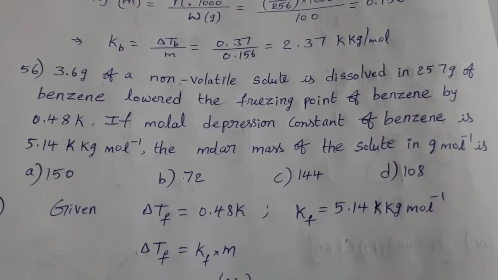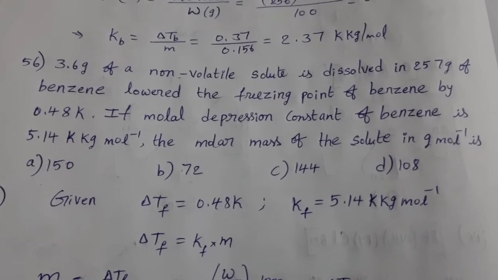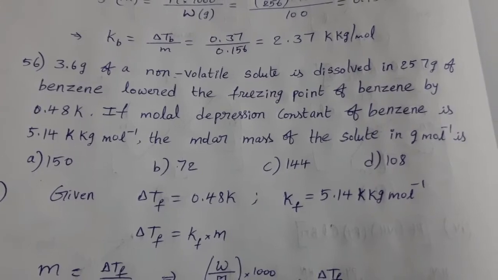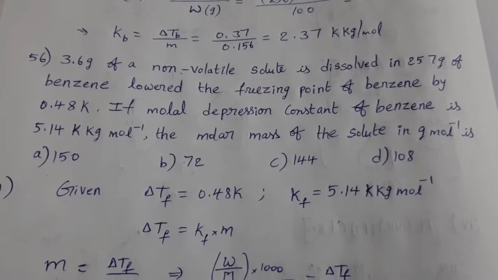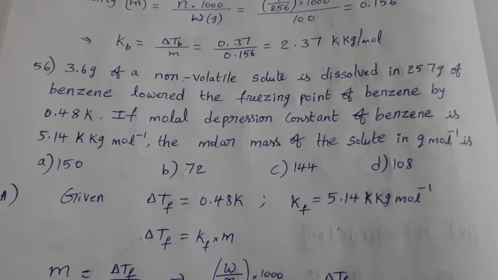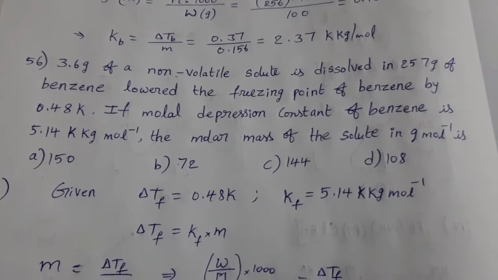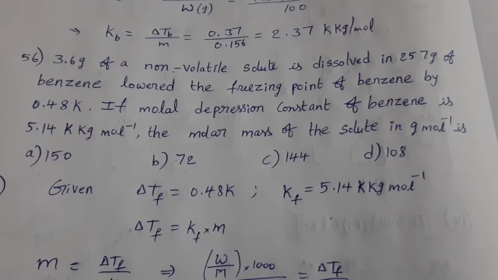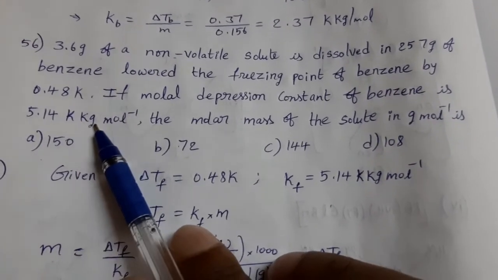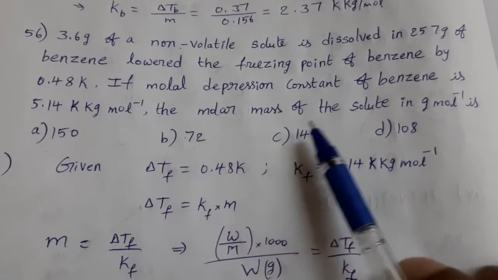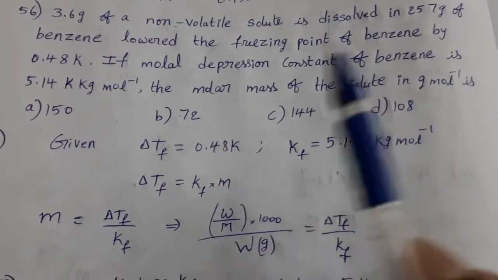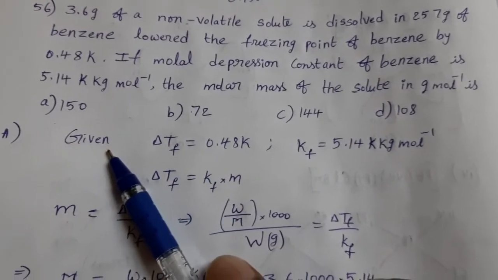3.6 grams of a non-volatile solute is dissolved in 257 grams of benzene. It lowered the freezing point of benzene by 0.48 Kelvin. If the molar depression constant of benzene is 5.14 Kelvin kilogram mole inverse, the molar mass of the solute in gram mole inverse is... Okay, write down given values.